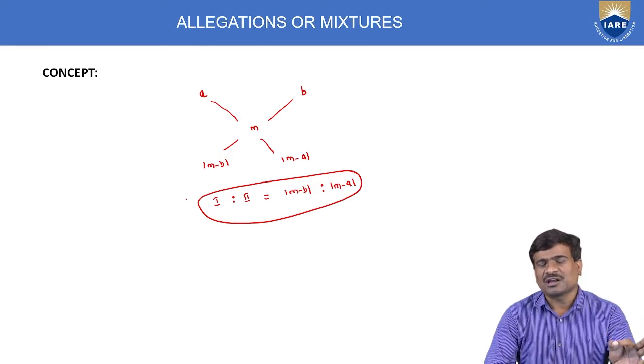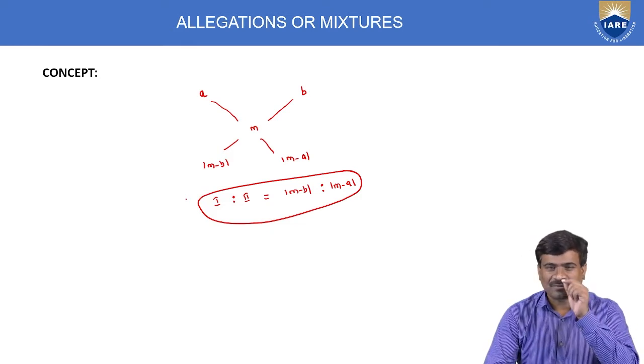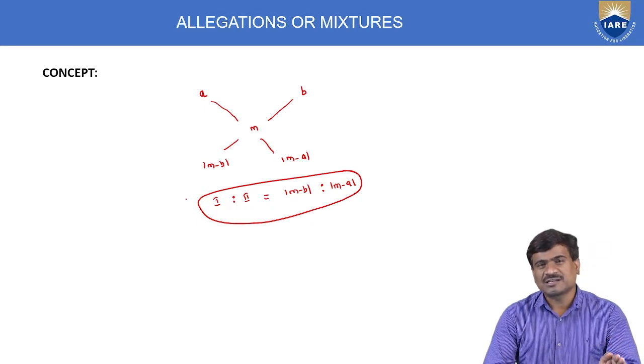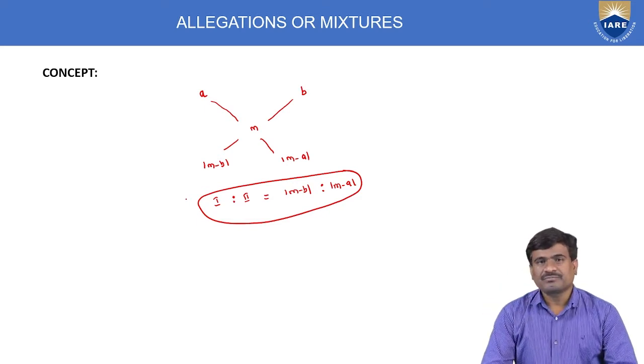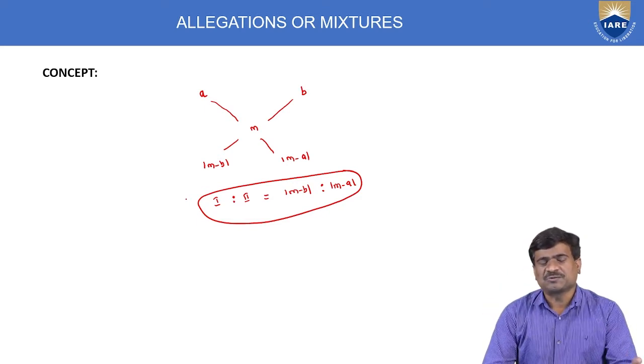First target of allegation is the ratio of type 1 and type 2, modulus of M minus B is to modulus of M minus A, where M, A, B are called quantities or prices. Quantities or prices are always positive.